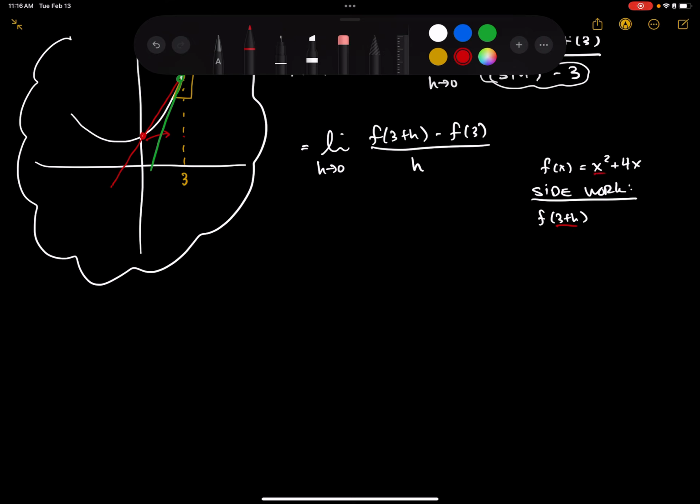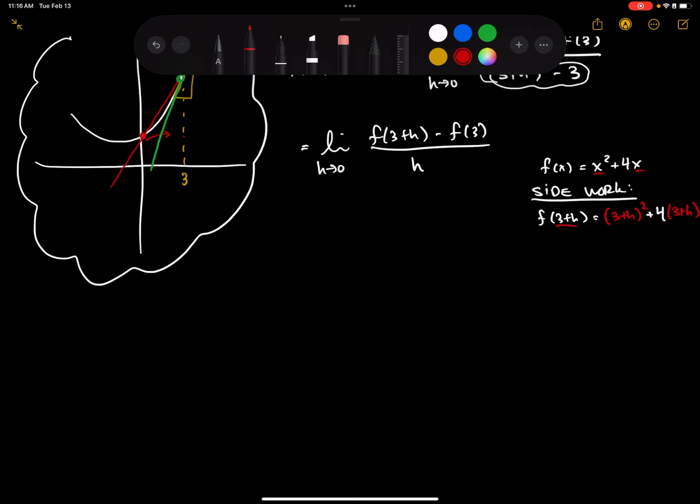So wherever you see x, now that's becoming 3 plus h in brackets. So this becomes, instead of x squared, 3 plus h squared plus 4 times x. Instead of x, we're using 3 plus h. All right, and we'll leave it as that for now.